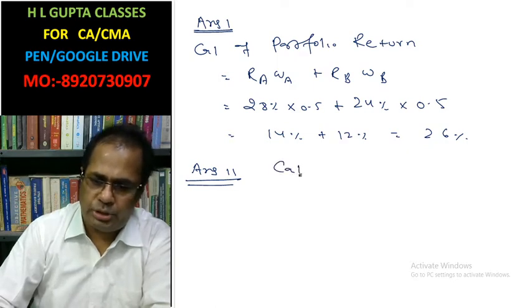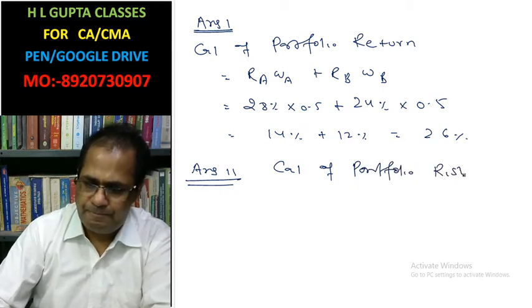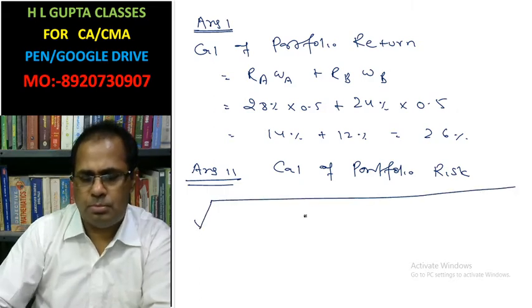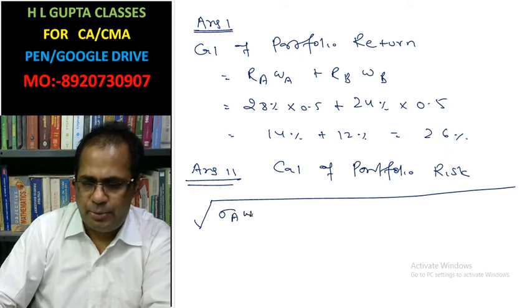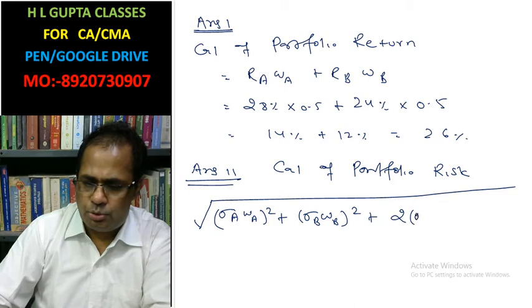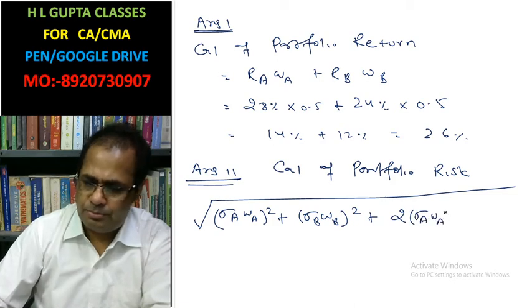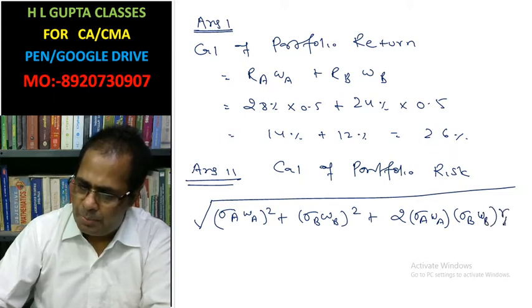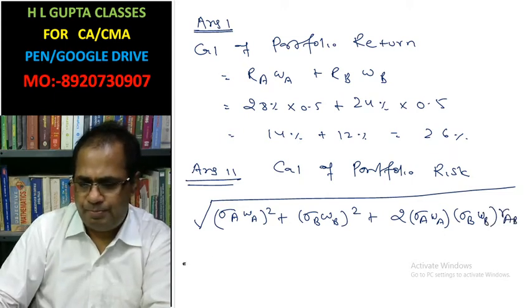Now the answer of the second part: calculation of portfolio risk. What is the formula of portfolio risk? It is the root of standard deviation A weight A whole square, plus standard deviation B weight B whole square, plus 2 into standard deviation A weight A, standard deviation B weight B, coefficient of correlation AB.